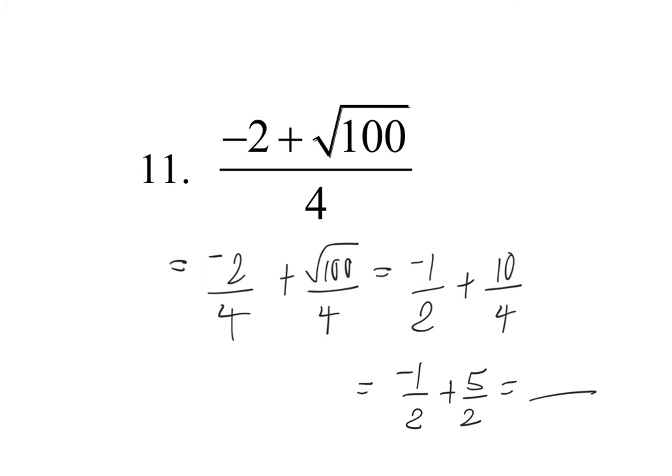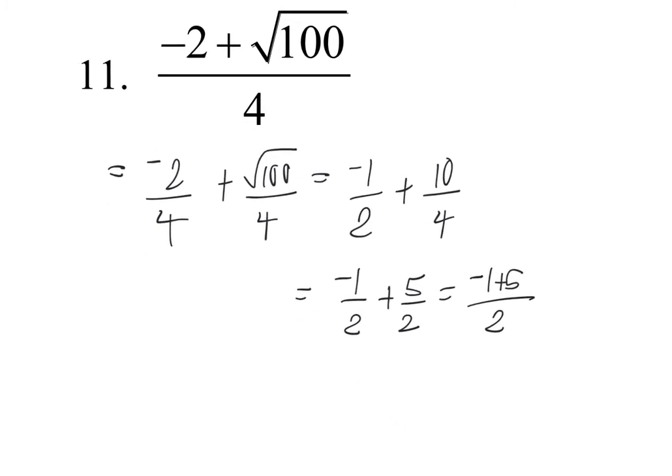So we can say -1 plus 5 over 2 equals 4 over 2, which then simplifies. 4 divided by 2 is equal to the number 2.